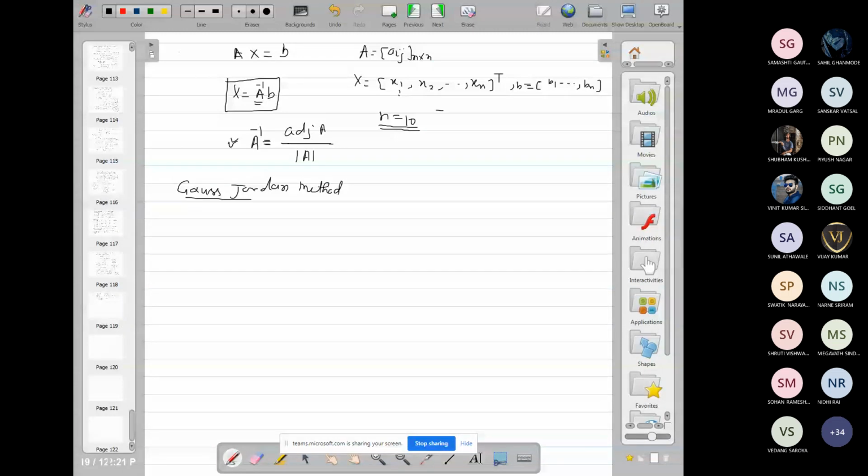In the Gauss-Jordan method, suppose A is the matrix, and consider only a limited number of elements, A11, A12, A13, 3 unknowns only to explain the method, and A21, A22, A23, A31, A32, A33.